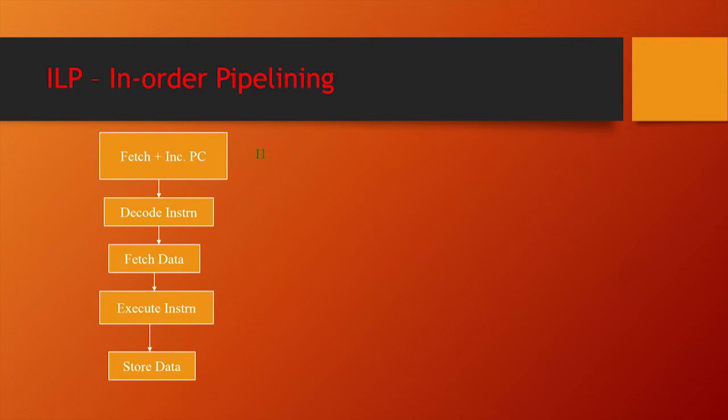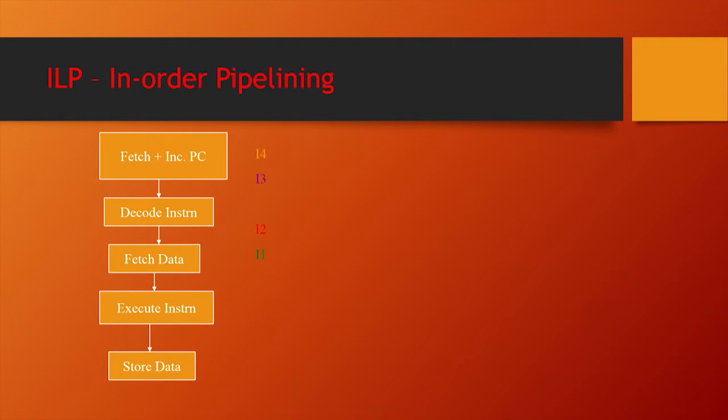In a pipeline, first I1 comes in. I am sorry, you should have a very close look at your screen, I do not know why I made that color. Then when I1 is decoded, I2 is fetched. When I1's data is fetched, I2 is decoded and I3 is fetched.